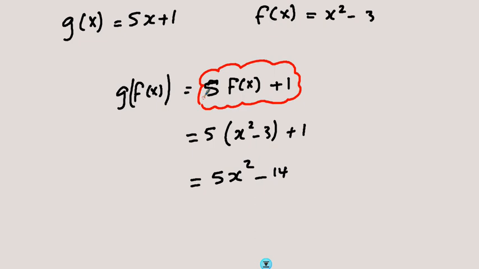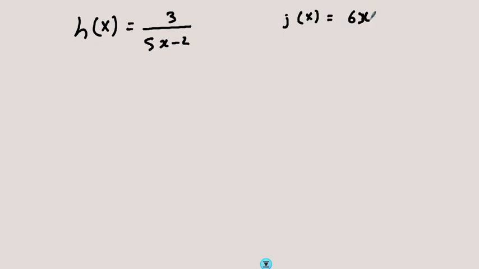Let's take another example. Assuming that h of x is equal to 3 divided by 5x minus 2, and that j of x is 6x minus 1. Let's find j of h of x. So h goes into j, and we're replacing the x in j by h of x.